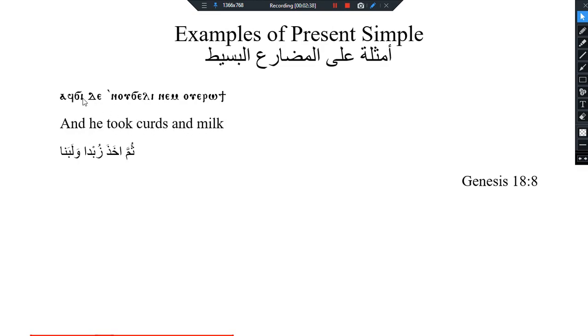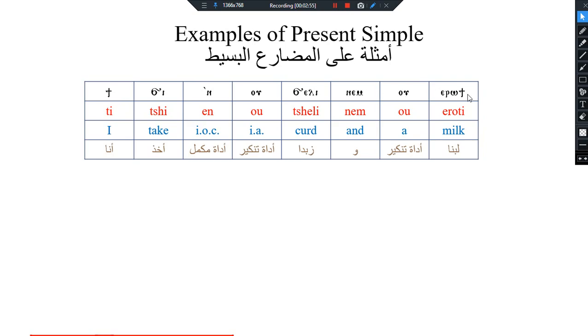When we make it present tense, all we do is remove the indication of past tense, and the sentence becomes present tense. Here we turn it into present tense so that it will be easy to understand the present tense in Coptic language.